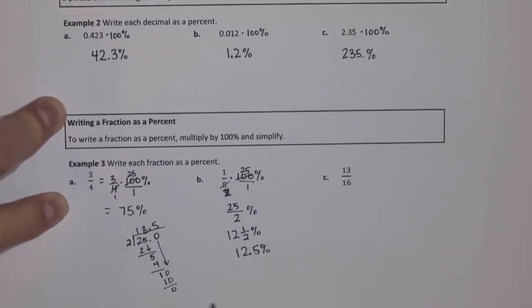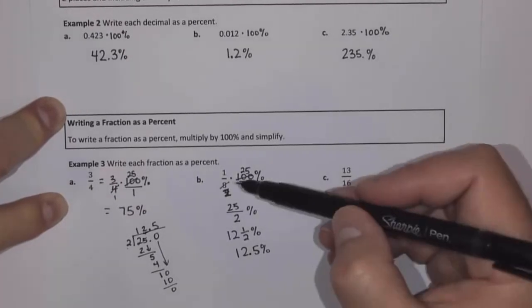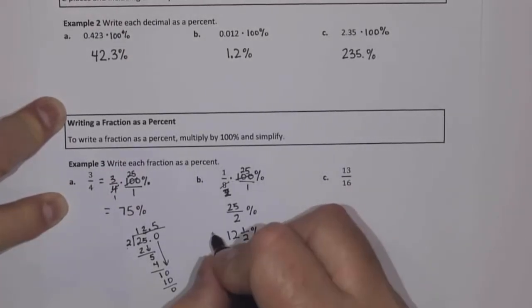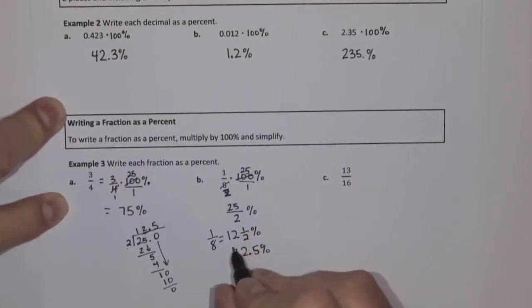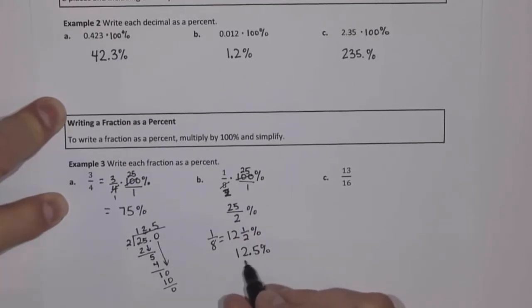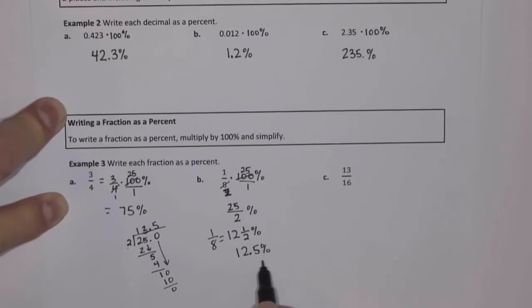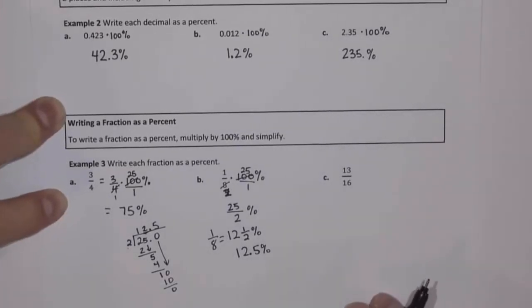So 12 1/2 is the same as 12.5. So 1/8 equals 12 1/2%, or we could write that as 12.5%. And usually in real practice, we would use the 12.5% rather than the 12 1/2%.